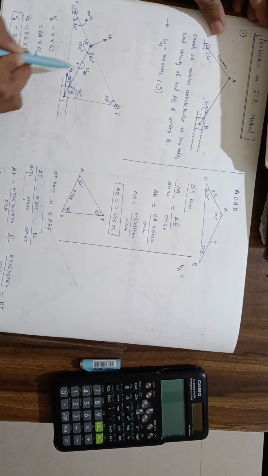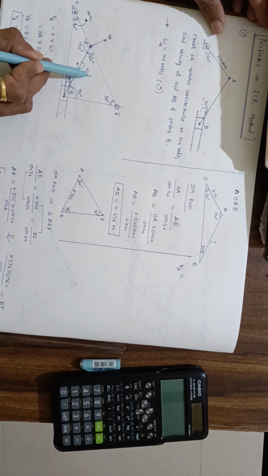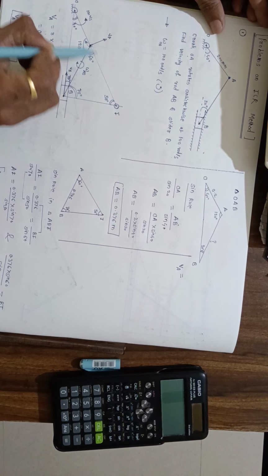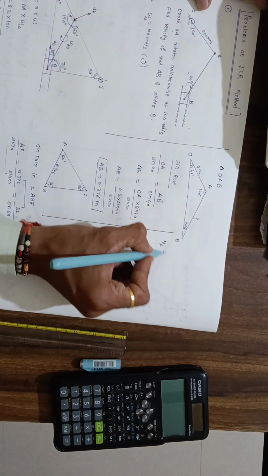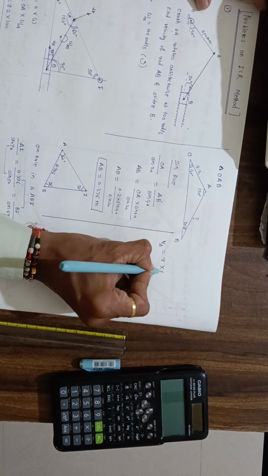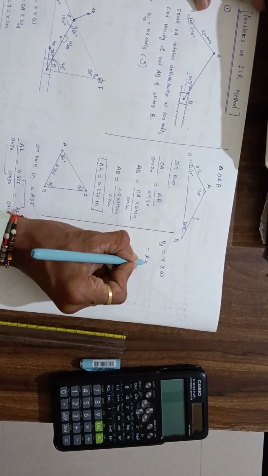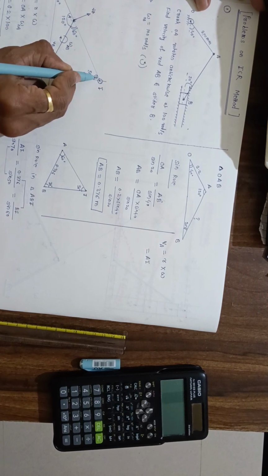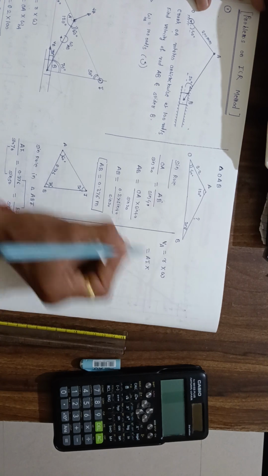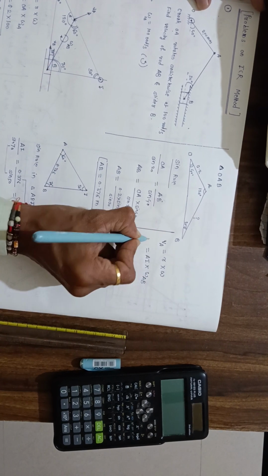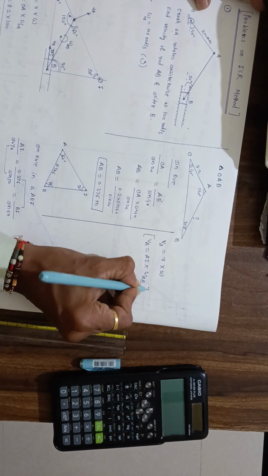So rod AB has angular velocity omega AB, and the distance of A with respect to the ICR is the distance AI. So we can write VA is equal to R into omega, where R is distance AI and omega is omega AB. So this is the second equation for velocity A.